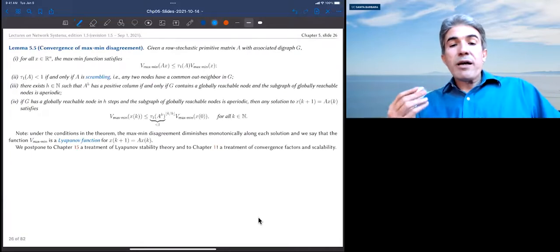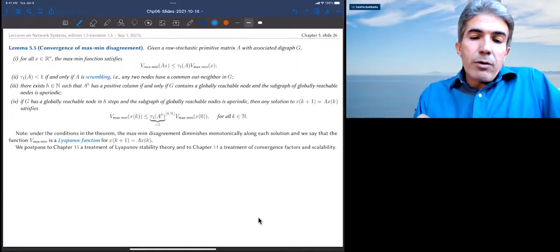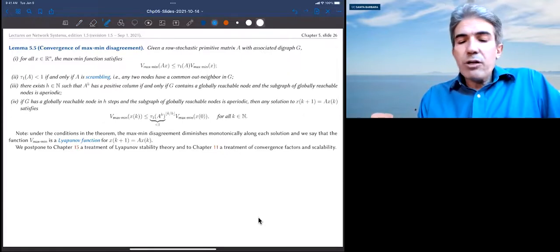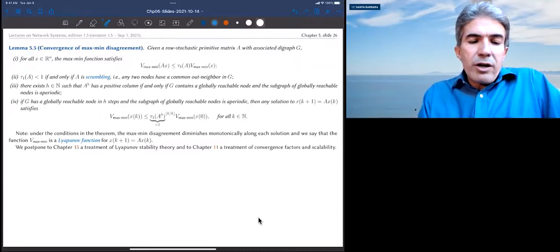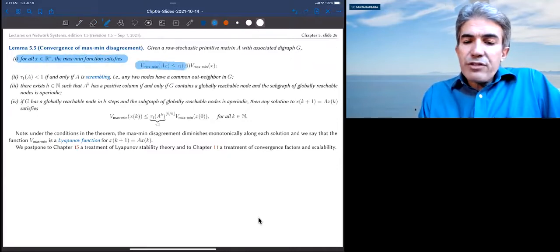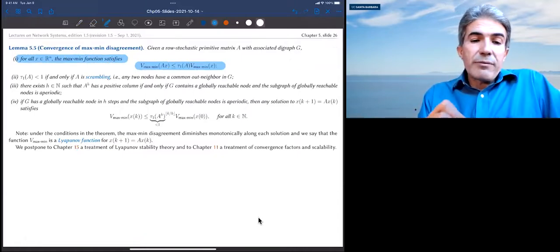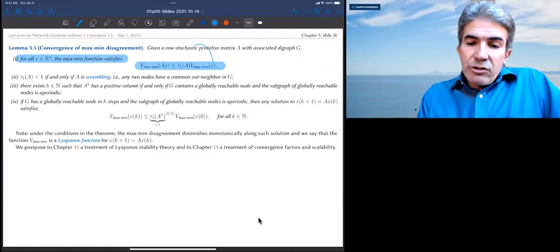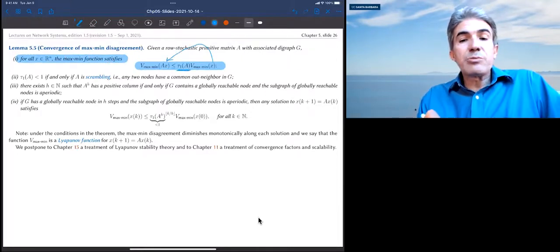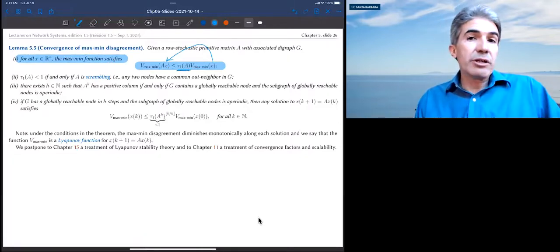And now comes my lemma about Lyapunov functions. This lemma is very similar to the one before. Let me tell you the similarity. No matter where you are, you have this one-step decrease. If I map x into Ax, I have a coefficient tau 1 that tells me how Vmax varies. Well, it's an upper bound.